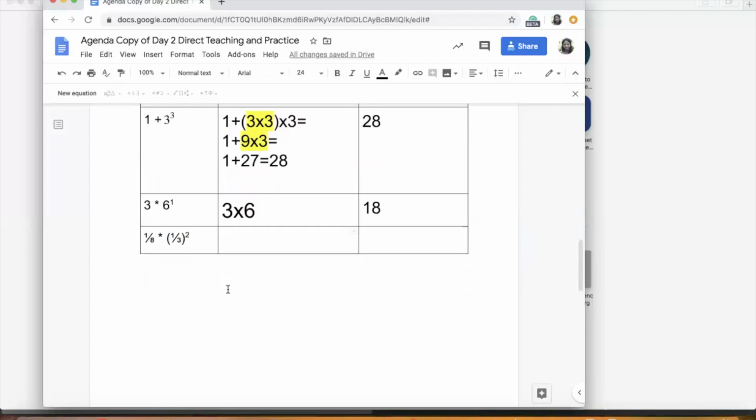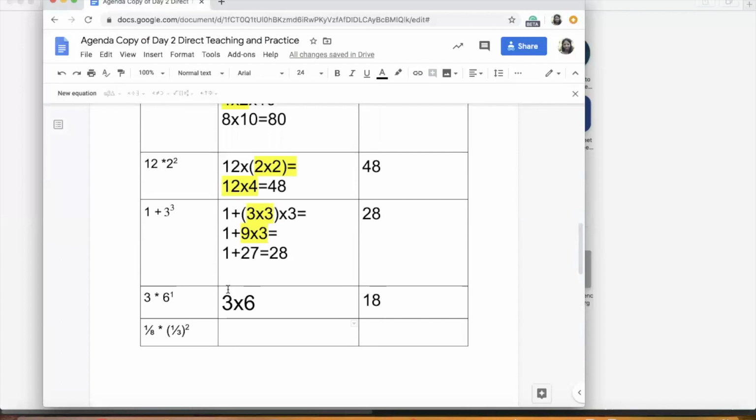Okay, so the last problem is fractions. So I'm going to go over this again because I really want to show you guys or review how to use that fraction function on your Google document. So you should have a new equation already out there. So you can click on that.